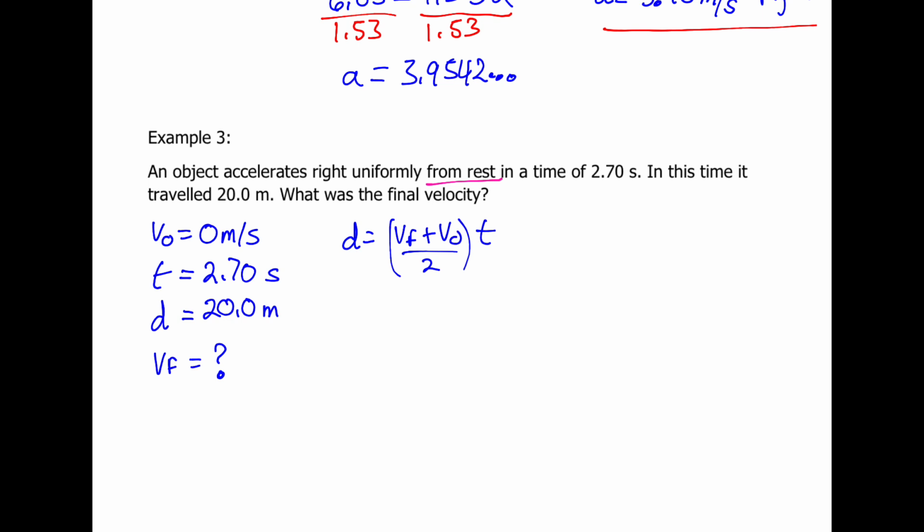What am I going to do first? I'm going to rearrange this one entirely in letters before the numbers go in, just as a side example to the other one. What shall I do first? I have to get rid of that t first. So we're going to divide both sides by t, and so my left side will look like this, and this side will look like this.